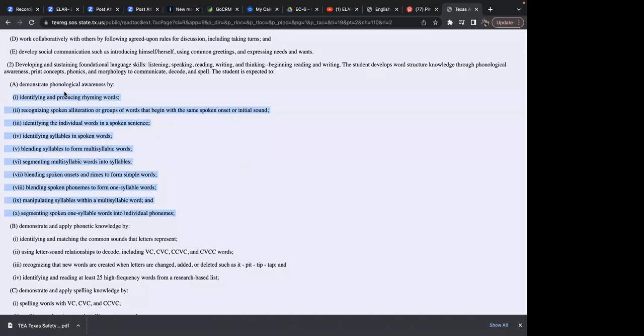This is all phonological awareness. Identifying and producing rhyming words. Sat, bat, mat, cat. It's important for them to do that. Important for them to know that those are all the same, like sort of sounding. And all we did was change one letter in the front.